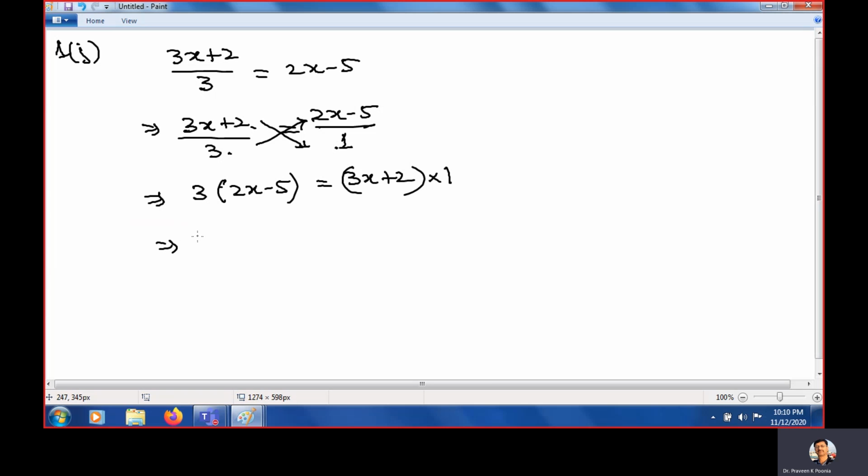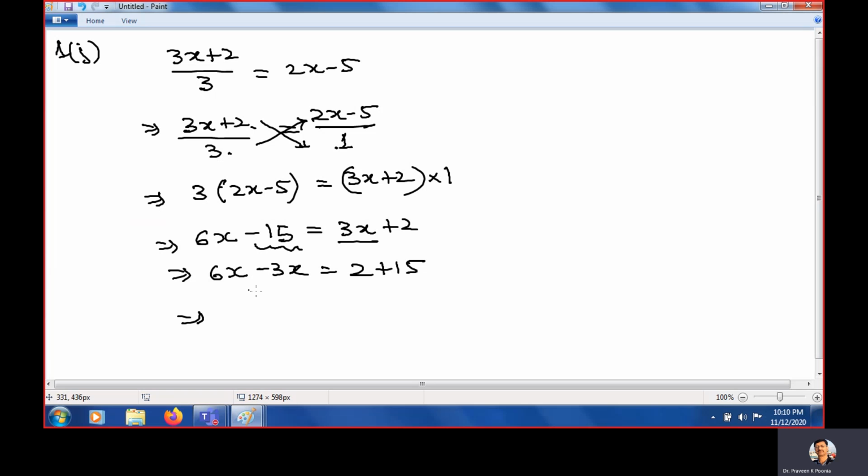Now multiply inside. 3 times 2 is 6x minus 3 times 5 is 15 equals 3x plus 2. Multiplying by 1, there is no change, it remains the same. Okay, so make grouping: 6x minus 3x is 17.